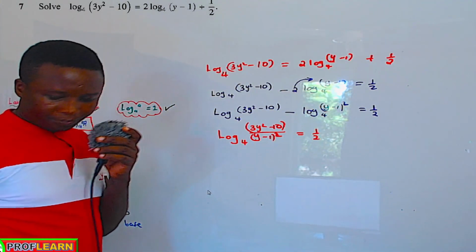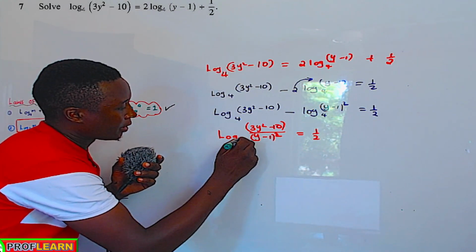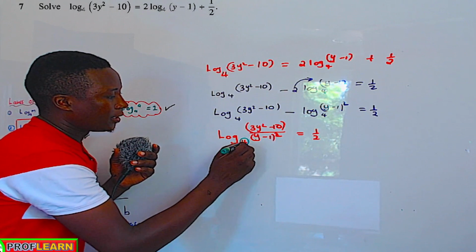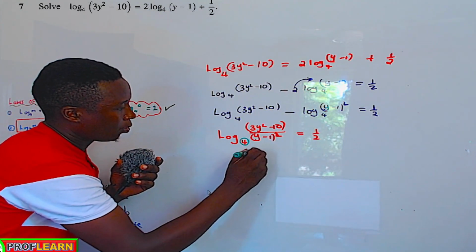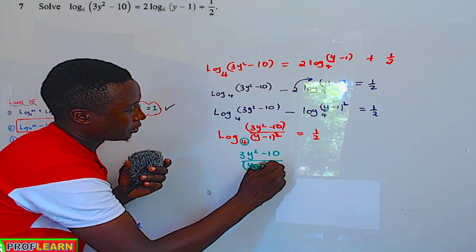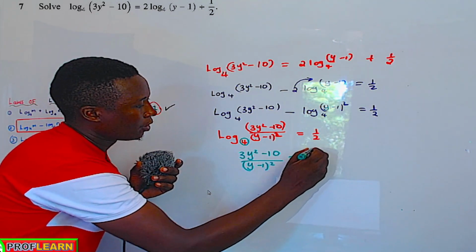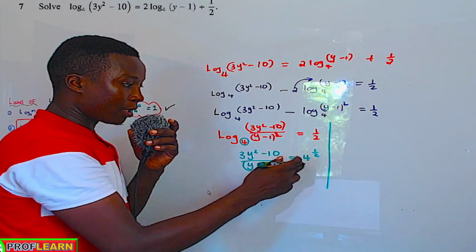So we can write in logarithmic notation: (3y squared minus 10) over (y minus 1) squared is equal to 4 raised to a half. And 4 raised to a half is the same as the square root of 4.